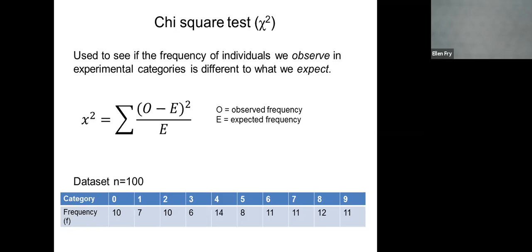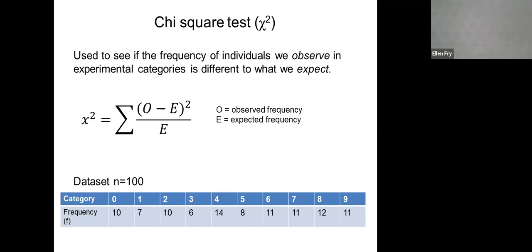As before, we carry out the calculation shown and sum this calculation for all of our data points. So the observed frequency is what we see in this table below. This is our data. So we've had 10 individuals that fell into category 0, 7 individuals that fell into category 1, 10 individuals that fell into category 2, and so on.